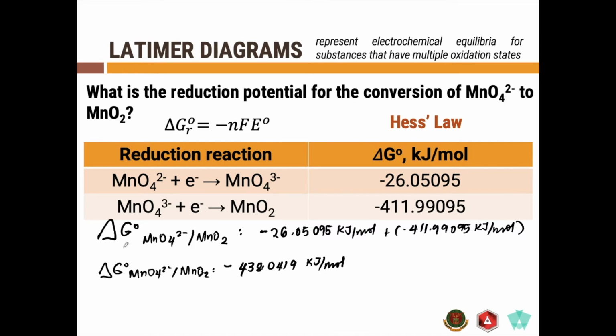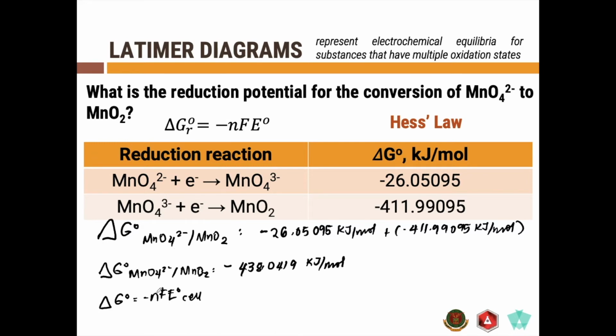So if you want to get the standard reduction potential for the conversion of MnO4 2 minus to MnO2, all you have to do is to revert it back to the cell potential by using the formula delta G equals negative nFE cell. So you plug in that negative 438 kilojoules per mole as your standard Gibbs free energy, and the n here should be equal to the number of electrons involved. Since the conversion is from MnO4 2 minus to MnO2, you have a total of 2 electrons here.